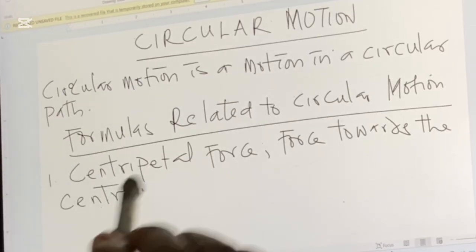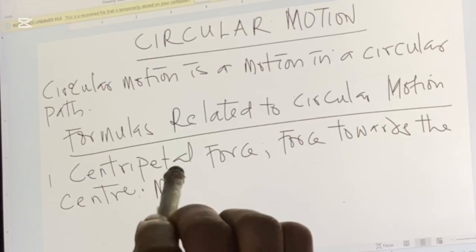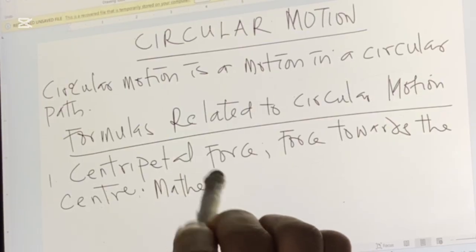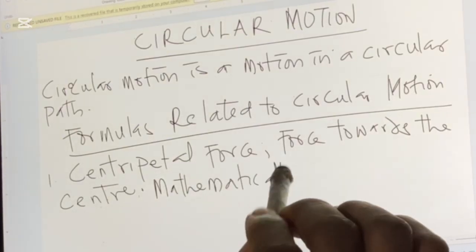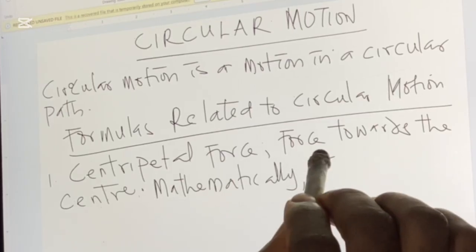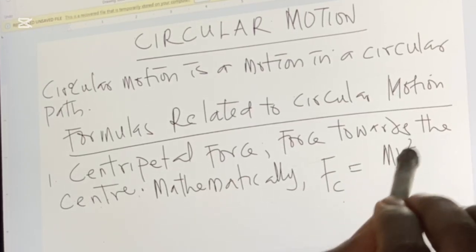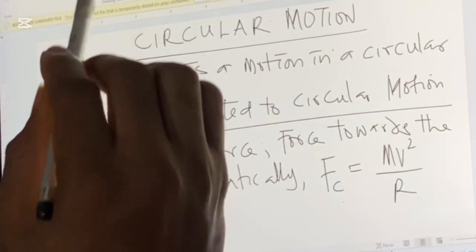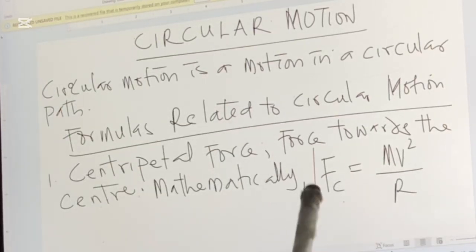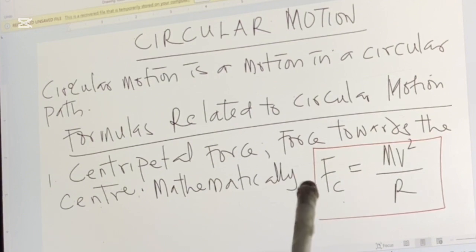Please take notes. So mathematically, Fc is equal to mv squared over r. This is the mathematical expression of centripetal force. Please take notes.